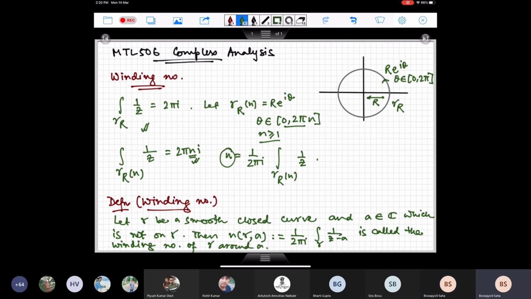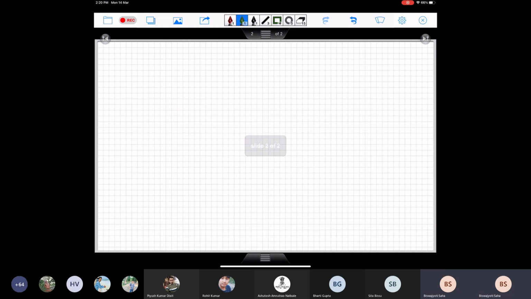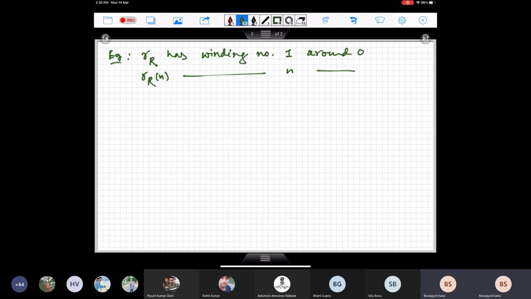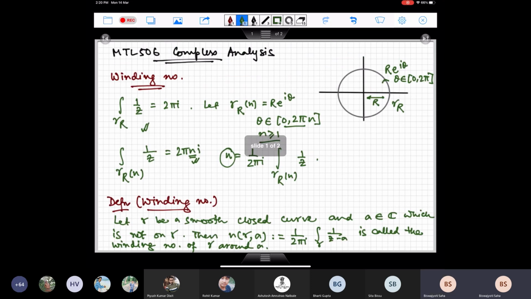From the example it is clear. For example, I can write that gamma r has winding number 1 around 0, and gamma Rn has winding number n around 0. So is the definition clear?